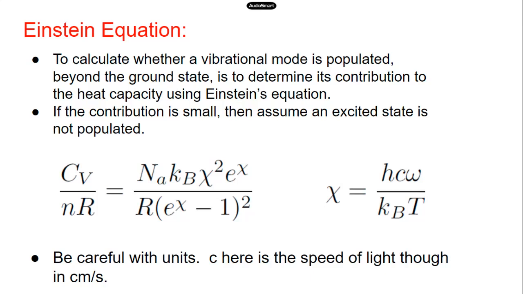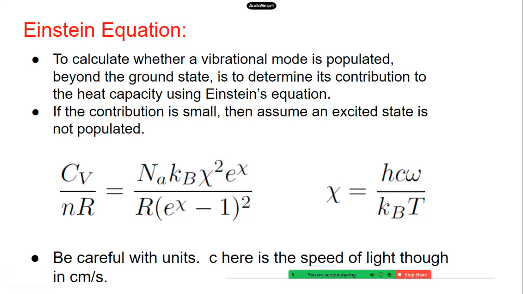So that's basically heat capacity. Great. Okay, so now how do we use this Einstein equation? We have to use this for every vibrational mode. It's a little difficult to calculate, but this is the only hard part of the lab. You'll manage.